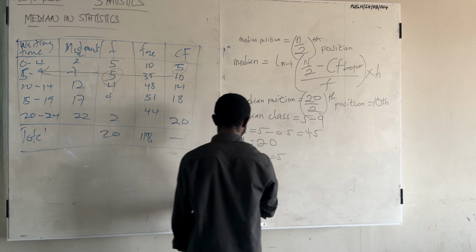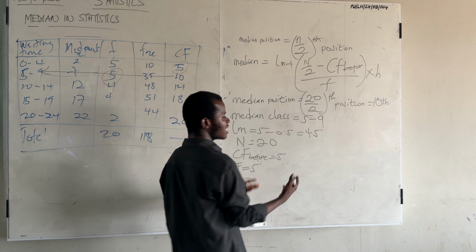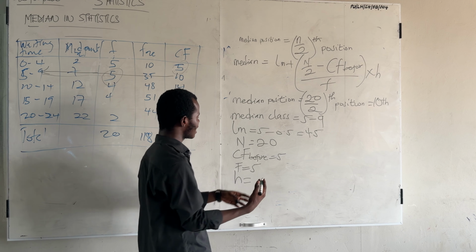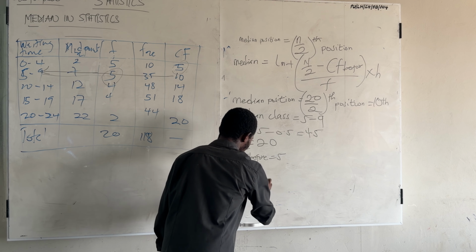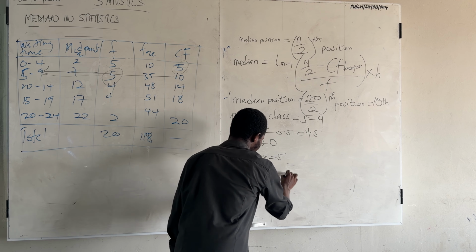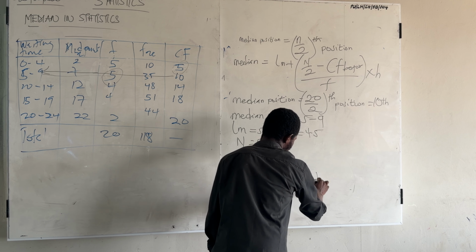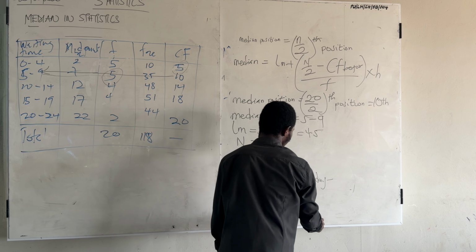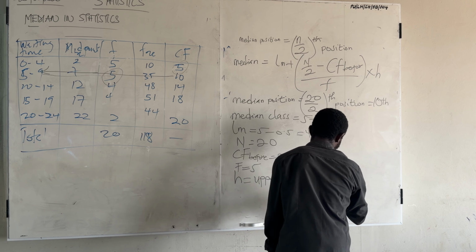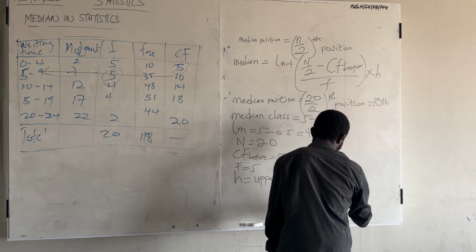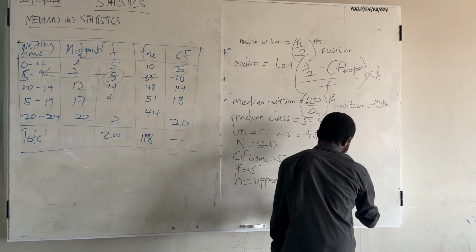Our H, as I said, we can use the boundaries or the class limits. So upper class boundary minus lower class boundary.